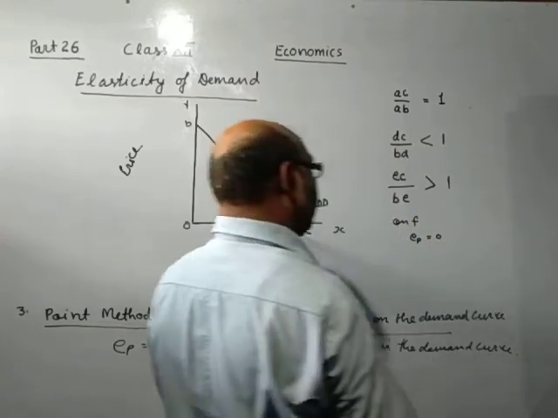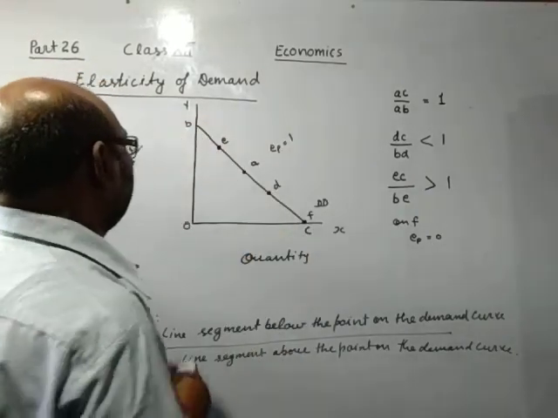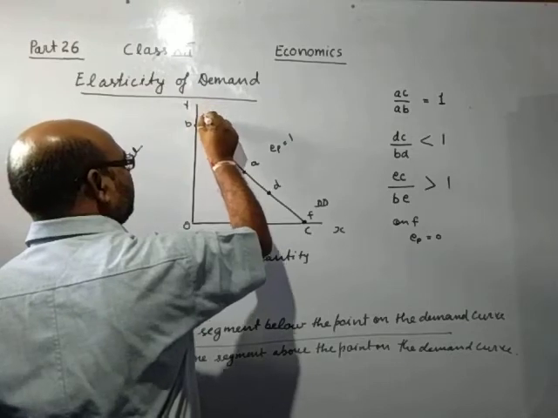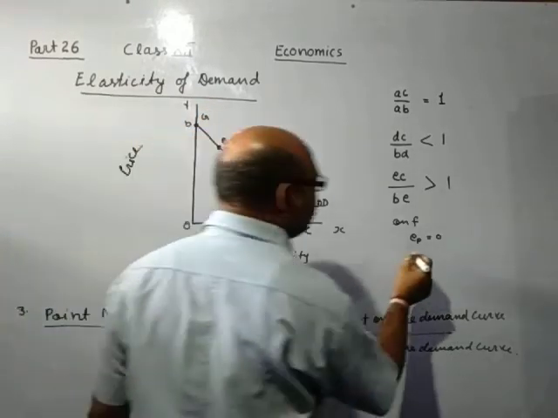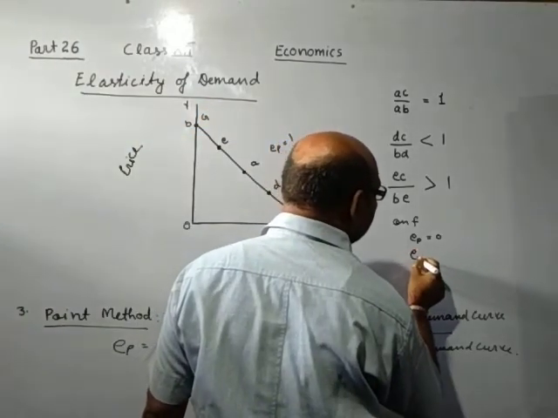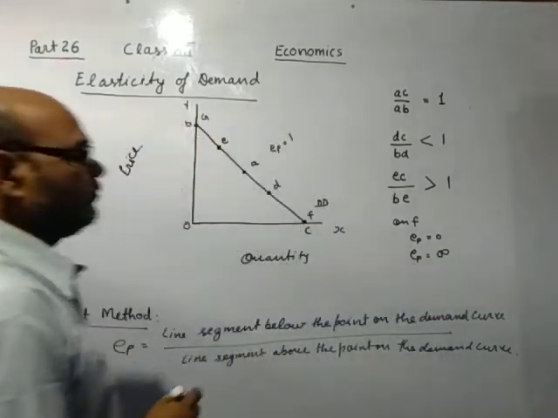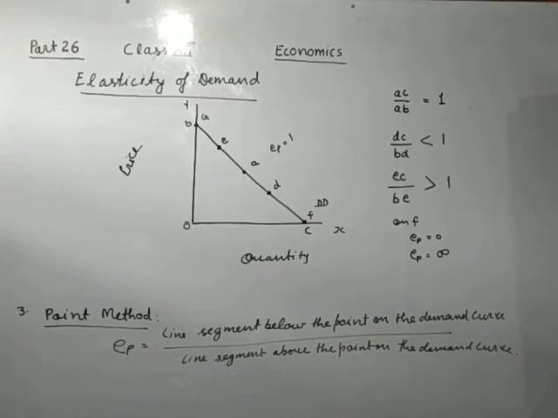This is perfectly inelastic. And if we are making a study on this point, G, then elasticity of price is called infinite. So this is the method to calculate the elasticity of demand by the point method. So thank you, student.